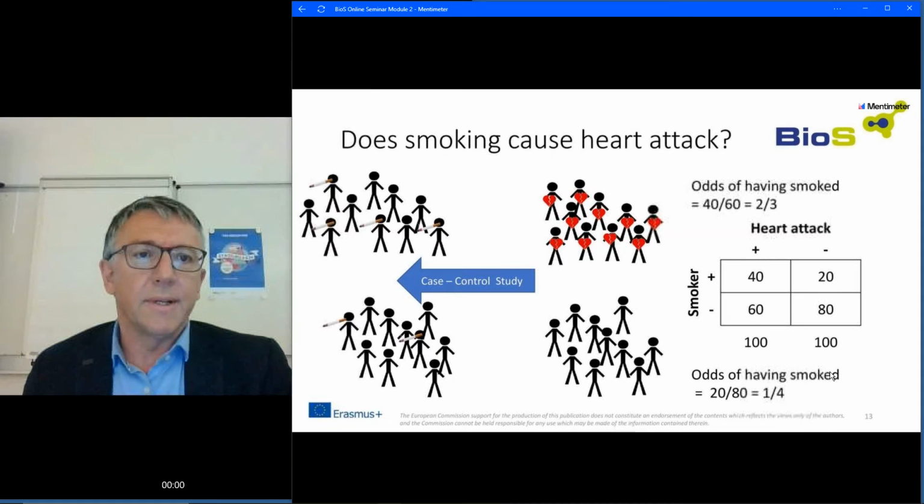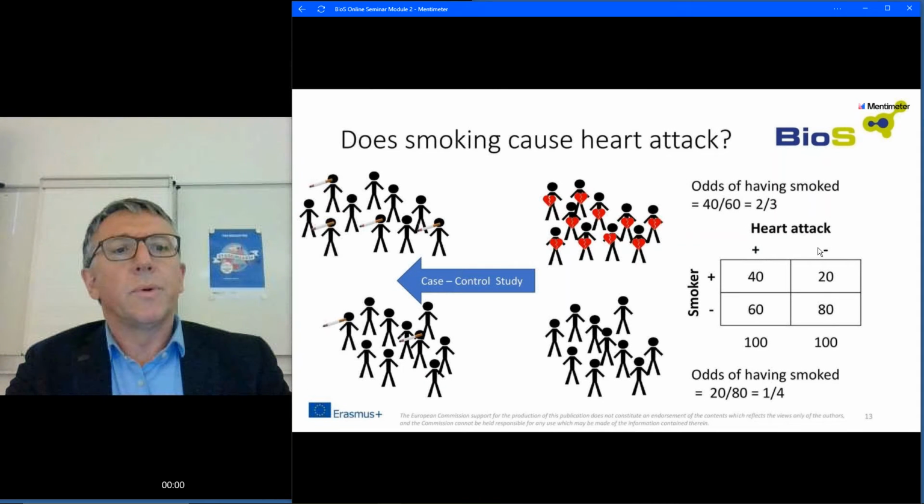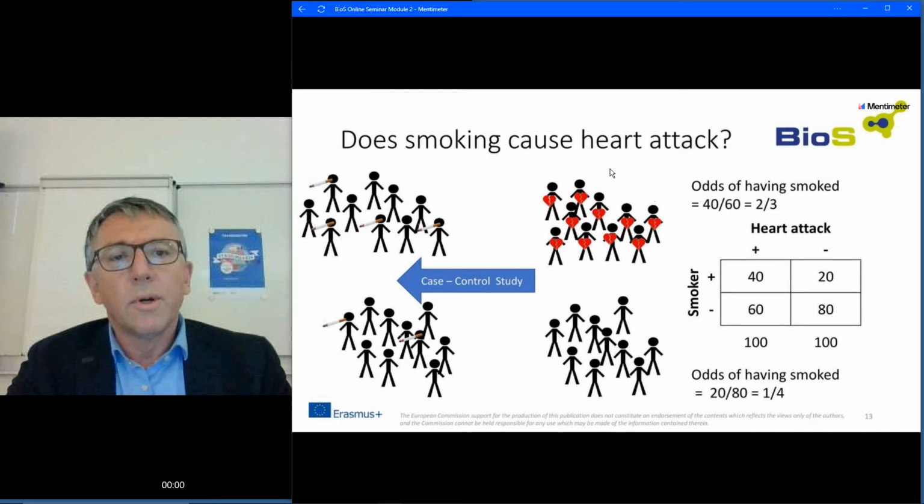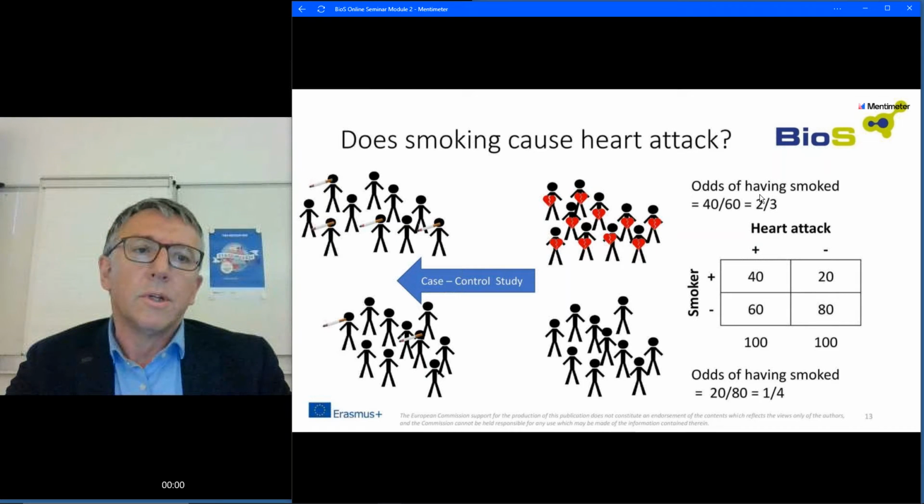To make that clear, we have the example. You can calculate the odds of having smoked in the group of those that had the heart attack. In this group of 100 individuals that had the heart attack, the odds of having smoked is the number of those that had smoked to the number of those that had not smoked. So it's 2 by 3.